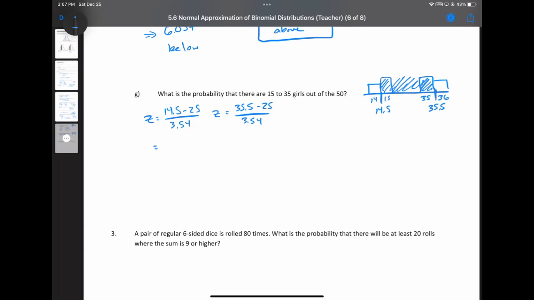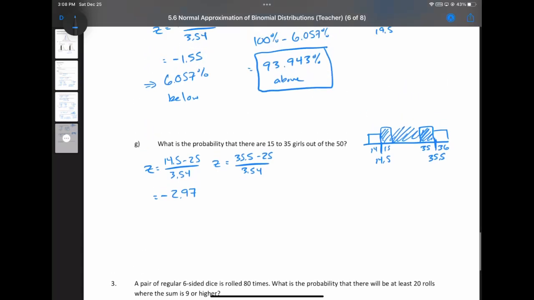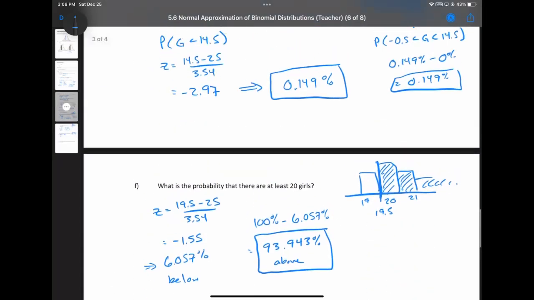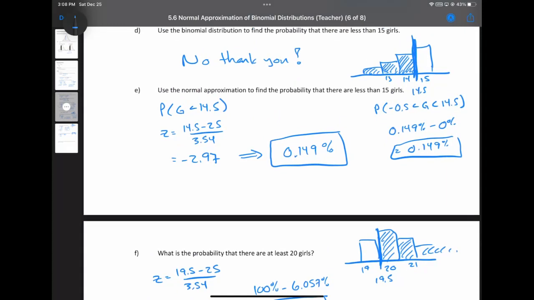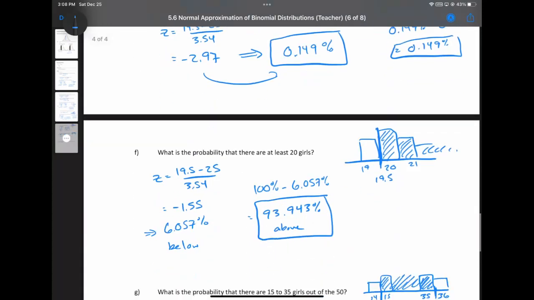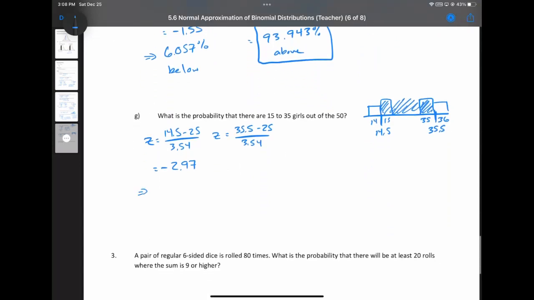So that first one is negative 2.97. And I think we actually just did that one too, didn't we? Somewhere? Yep. Negative 2.97 gave us 0.149%. And then this one is going to be positive 2.97. Makes sense that there's some symmetry here since 15 and 35 are both 10 away from the mean.